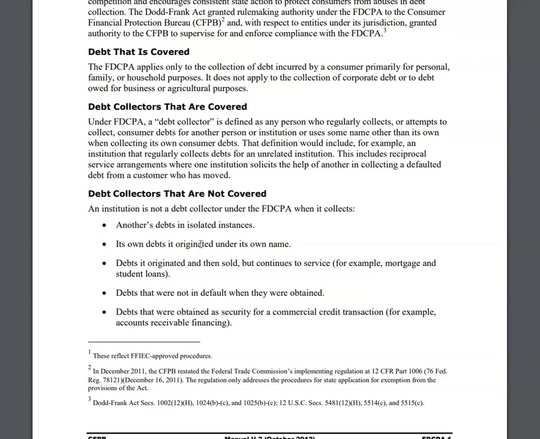Maybe a company bought out the debt and took over a company in a Chapter 11 or a bankruptcy filing. They would be able to collect the debt and not be considered a debt collector. They would just be taking over accounts. Its own debt, it originated under its own name. So that's why I'm saying it's different. But once it goes into a charge-off status, this would take it into another category.